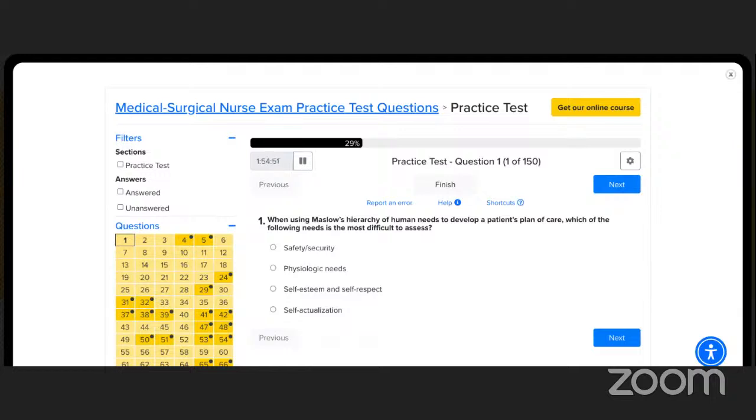Let me just write something in the chat. Okay. So question number one, which has to do with the Maslow hierarchy.